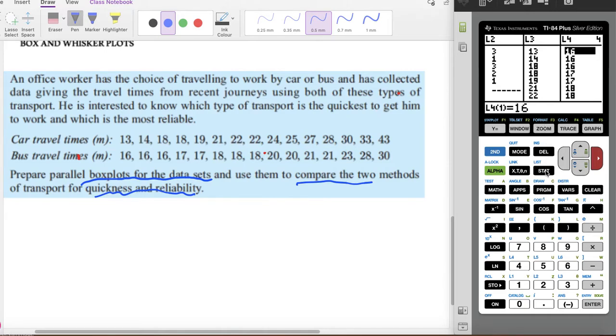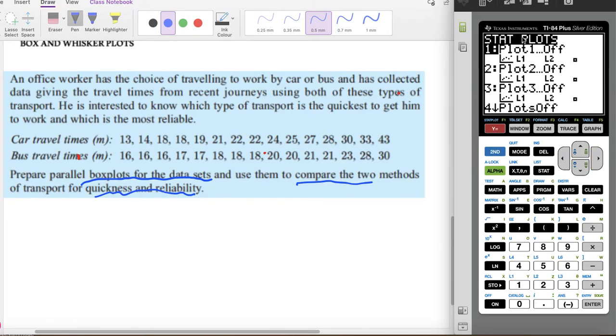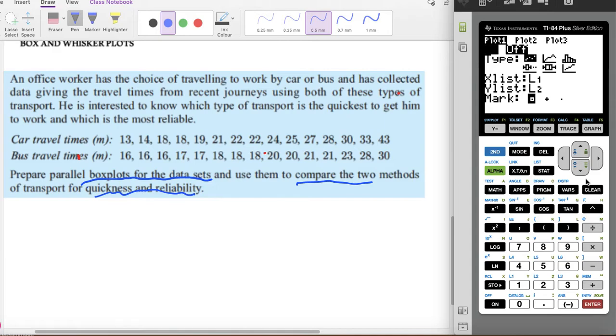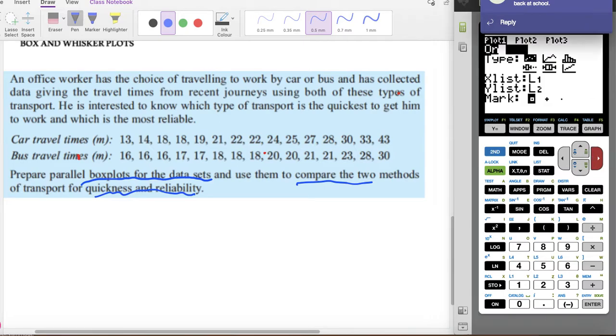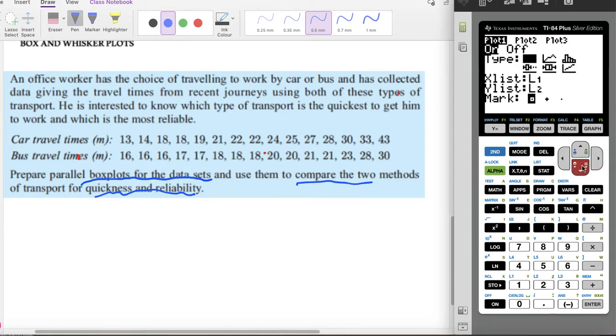Once your data is in, we want to turn our stat plot on. So we do that by going second, y equals, and this is where we're going to find stat plots, okay? So we're going to enter into stat plot 1. We want to turn it on, and then we want to go down here and pick from all these different types.